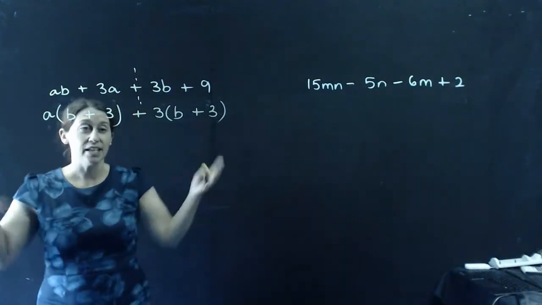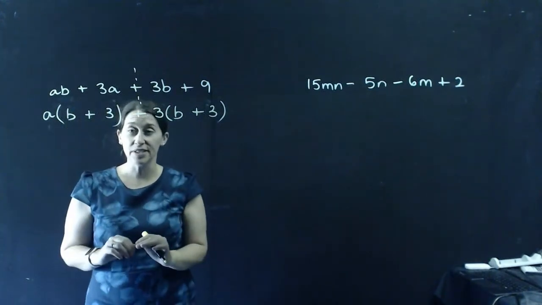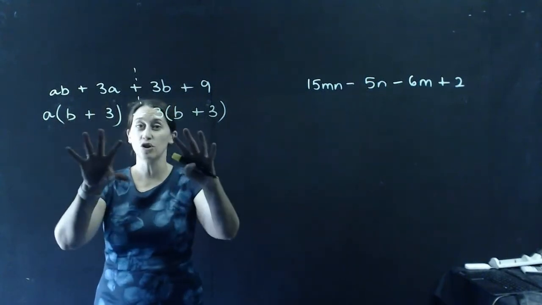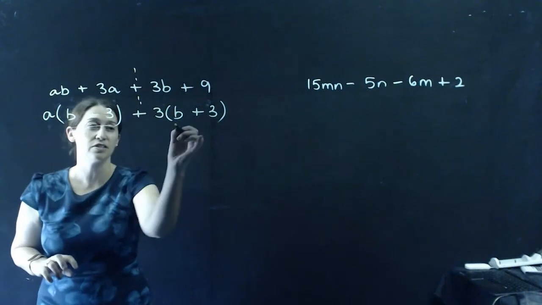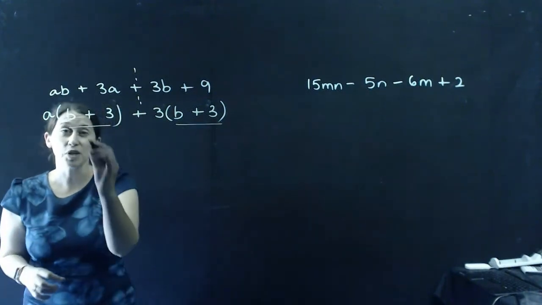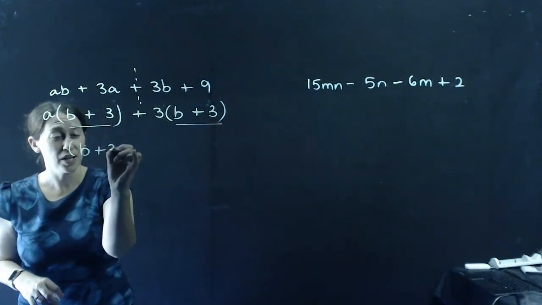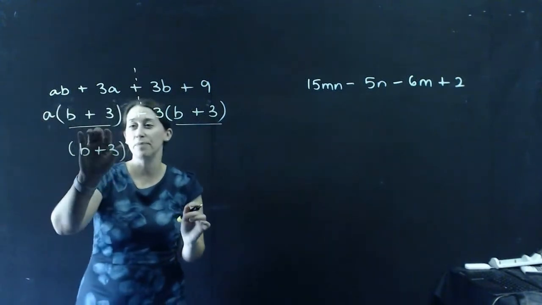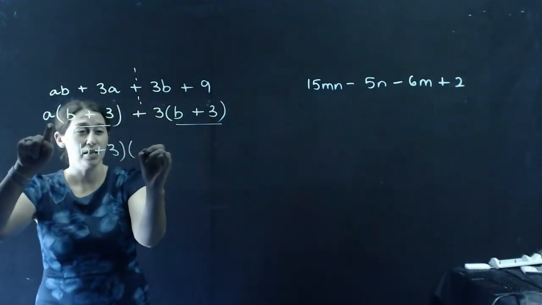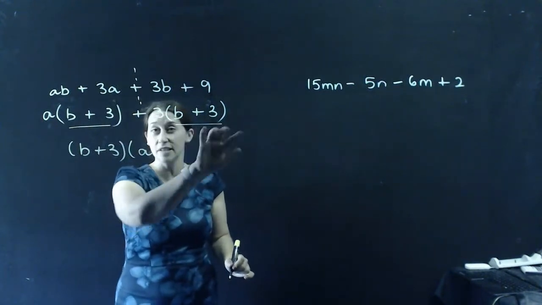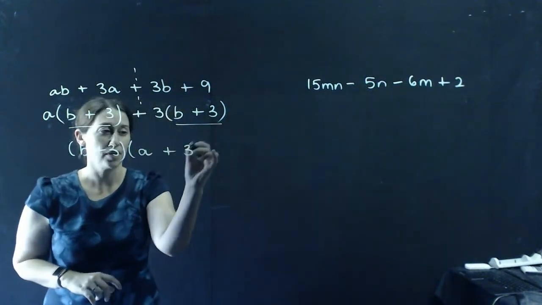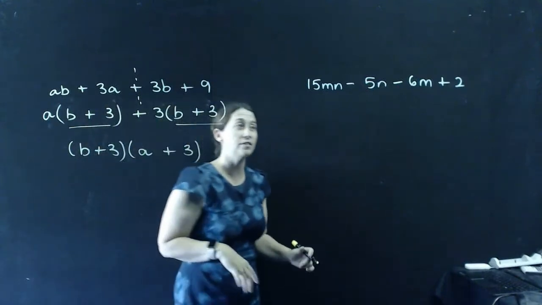What you now see is the same situation as the previous example. I've condensed these into 2 terms, and each of the 2 terms has a common factor of b plus 3. So if I pull out the common factor b plus 3 and say, what do I multiply b plus 3 by to give me this term? A. What do I multiply b plus 3 by to give me this term? Positive 3. Now it's fully factorized.